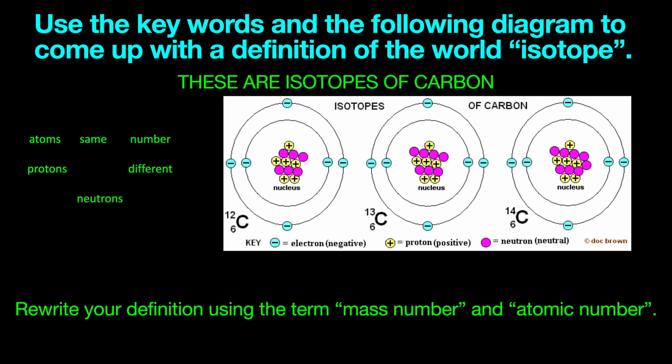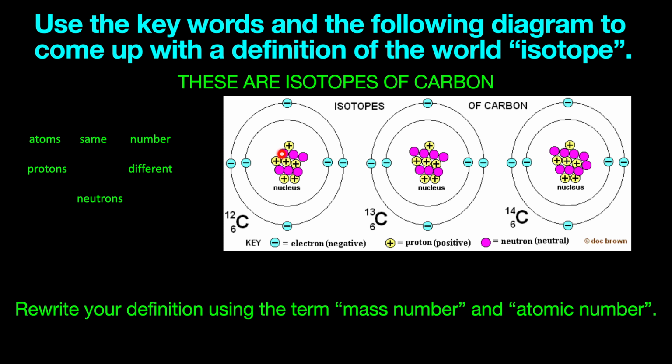If we look at the number of protons, which as we know are positively charged, we also have 6 protons in each case. So we can say that isotopes also have the same number of protons. The key difference is that isotopes have a different number of neutrons.